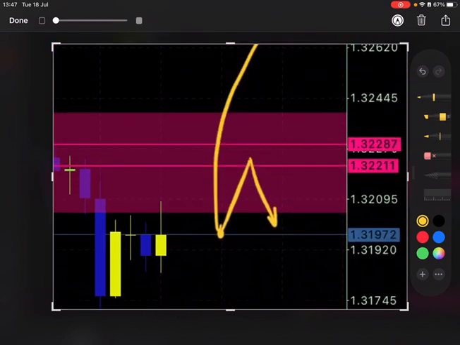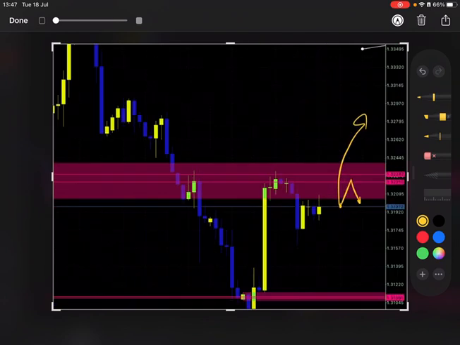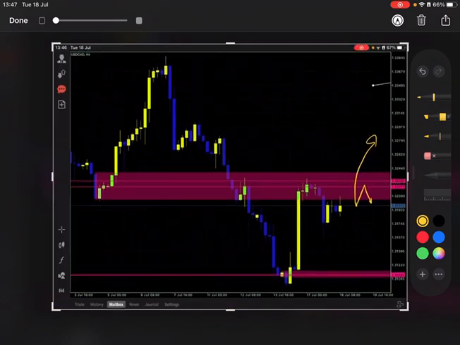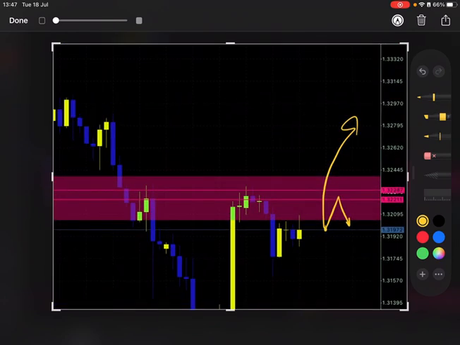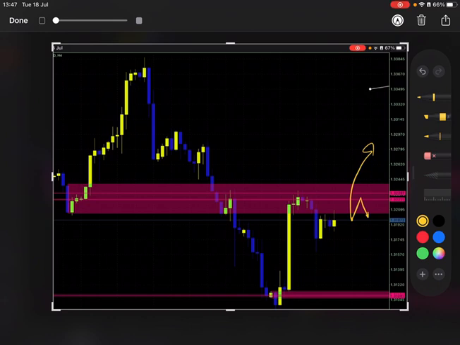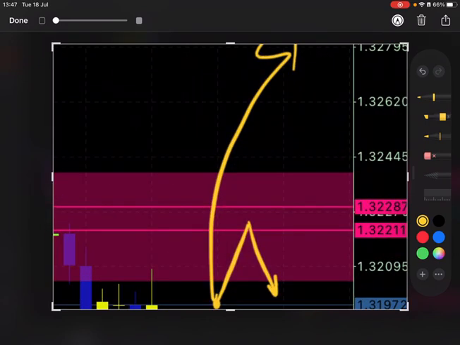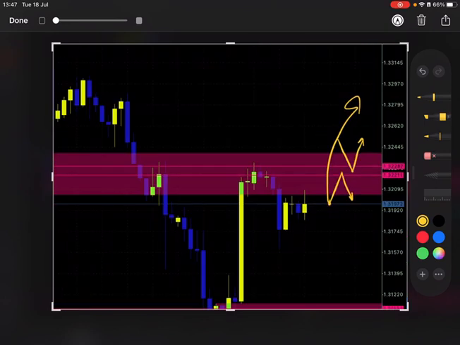Okay, but if it doesn't, then we can try to find a sell potential in our key level for a drop back down. Okay, if the H4 decides to break above our zone, then we can either wait for the next sell zones like this, or we wait for the price to retrace back into our key level for the opposite direction.